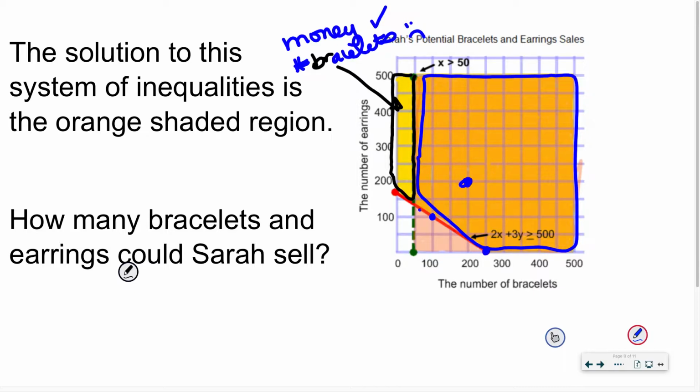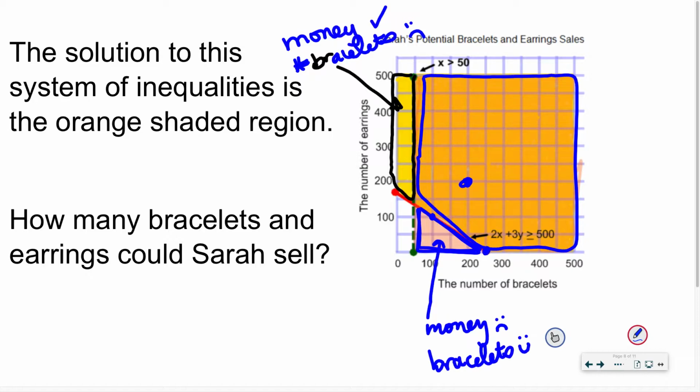And how about this section here? What's the problem there? They're not making enough money here. So that part's bad. But they're selling 50 or more bracelets. And the orange represents the solution.